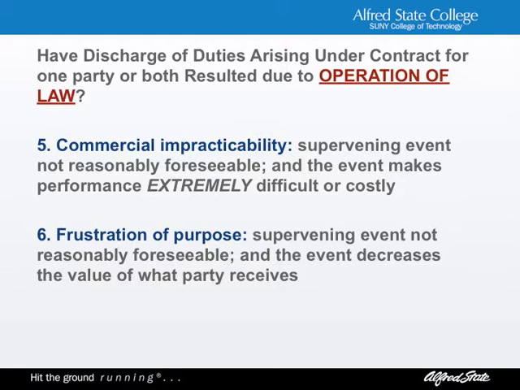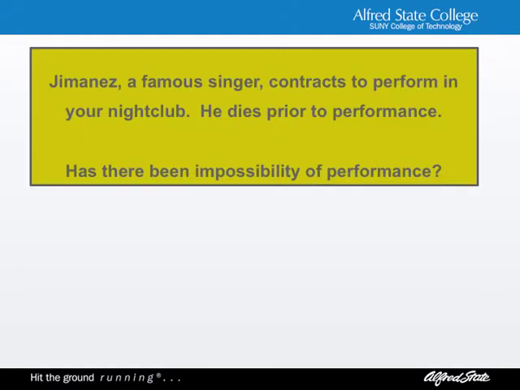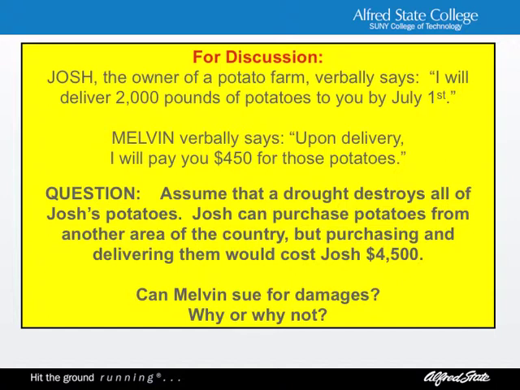The supervening event occurred, not reasonably foreseeable, which now makes the performance by the other party extremely difficult or costly. And in that case, it is likely that we will see basically a termination of the contract occur by reason of, in this case, a drought.